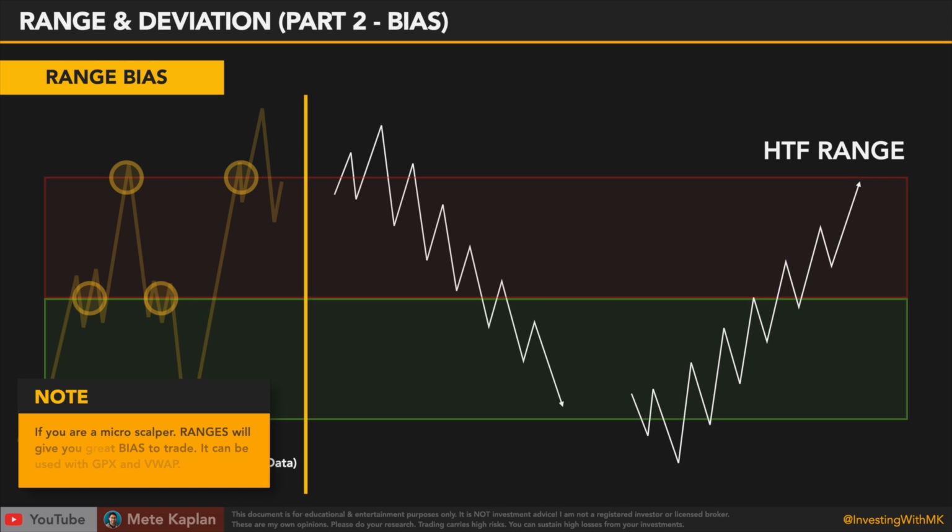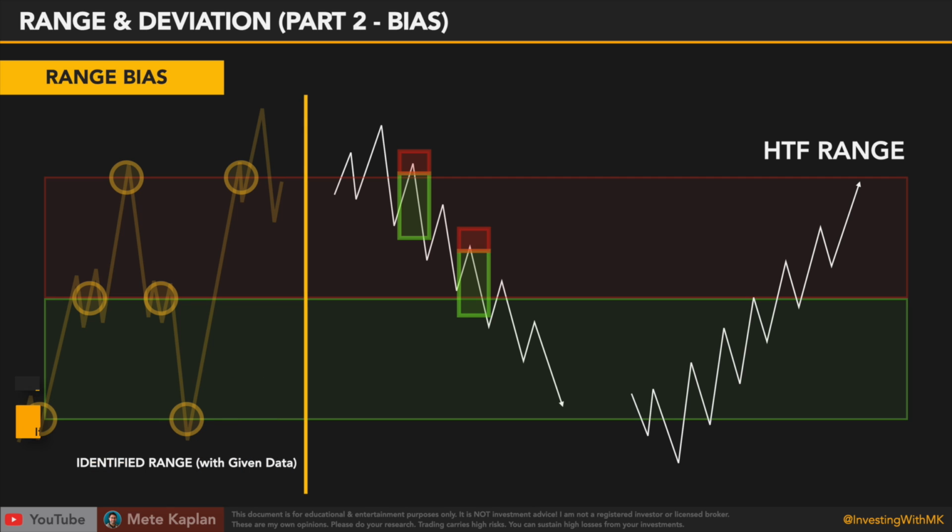In some cases, if you are a scalper, you'll probably love the ranges. Once you identify a range, you will have a very clear gameplay area, just like GPX and VWAP trading. For example, once you identify the range in 1 hour or 4 hours as your high time frames, you may use smaller time frames like 15 minutes, 5 minutes, or 1 minute as your low time frames.